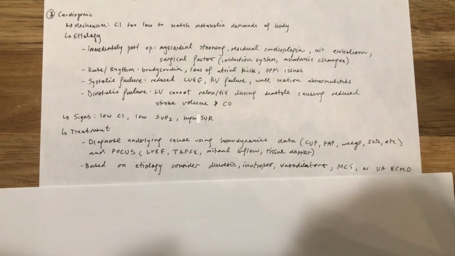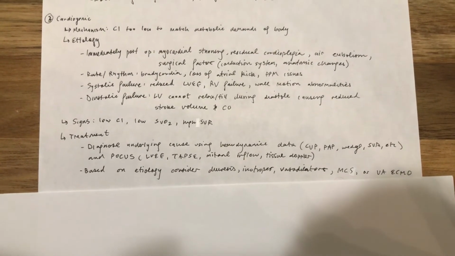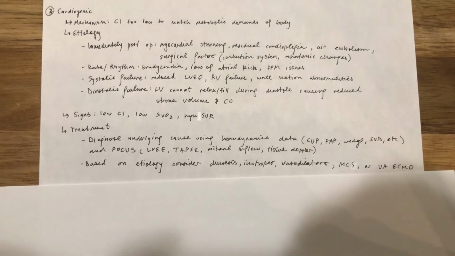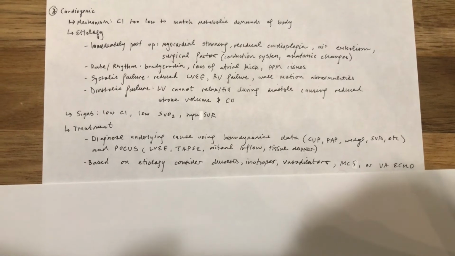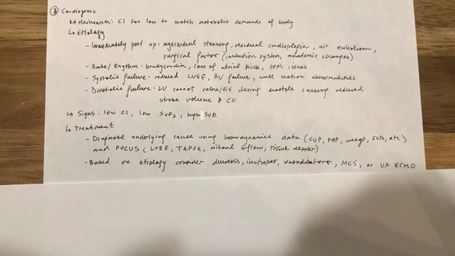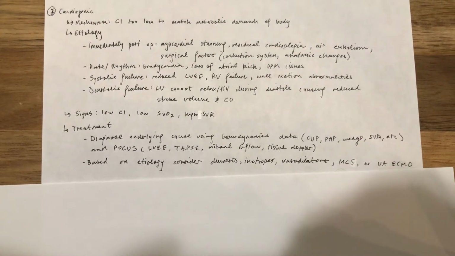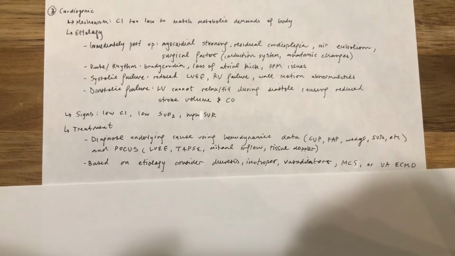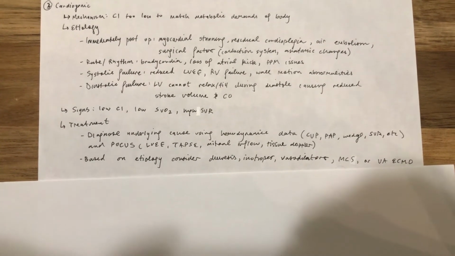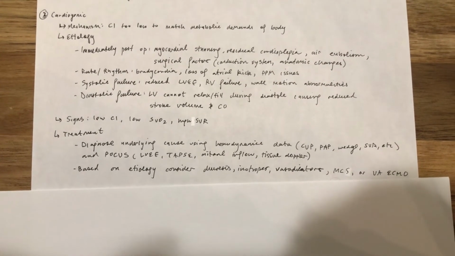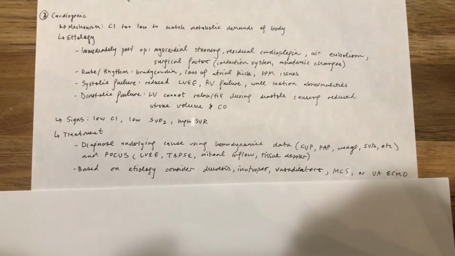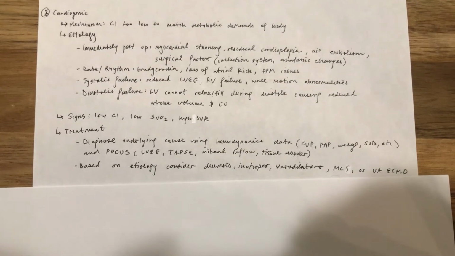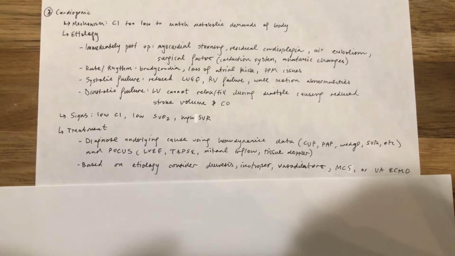And so we're not going to go into the nuances of diastole, but these are just 4 broad categories of etiologies that can help guide your management. The treatment of cardiogenic shock is highly dependent on using hemodynamics and point-of-care ultrasound to figure out what's wrong with the heart.